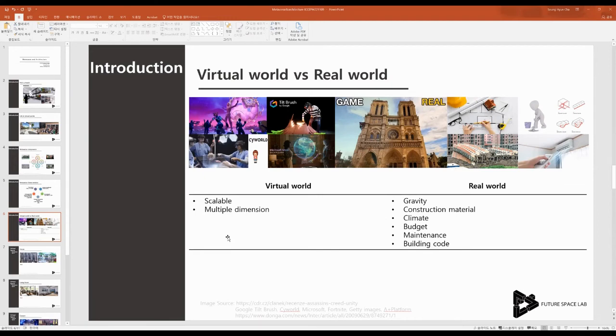Like when you watch a future movie, the architecture is totally different from what we have here now. If we think about this different characteristic of the metaverse, we can change the design dramatically. But one thing we need to think about is that people feel comfortable when they get used to something.